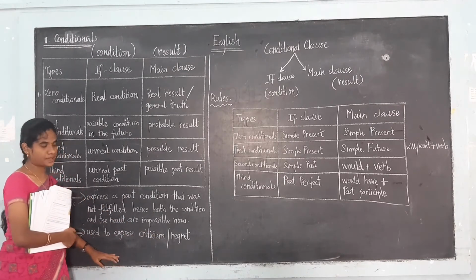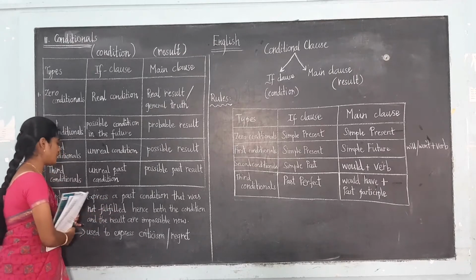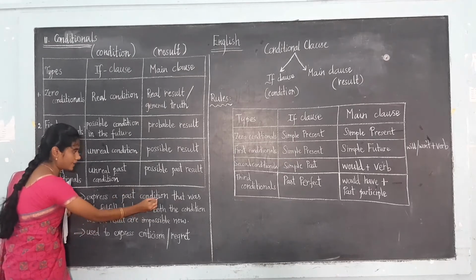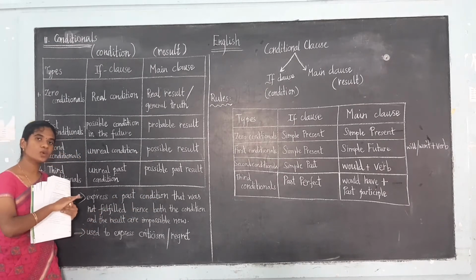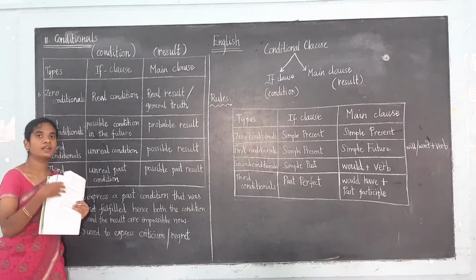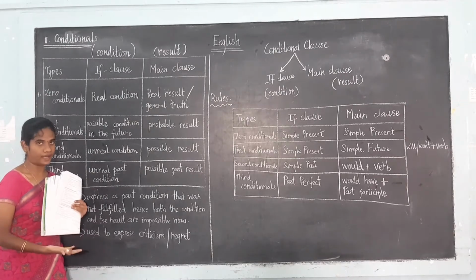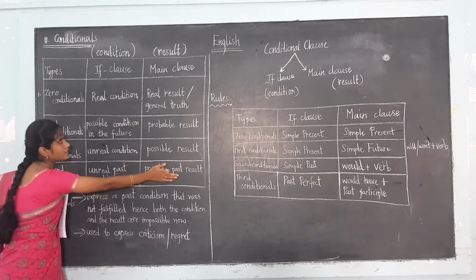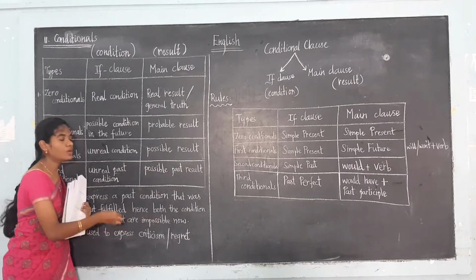We use this type of conditional for these. So the third conditional expresses a past condition that was not fulfilled. In the past, the condition would have happened but did not happen. Hence both the condition and the results are impossible now.